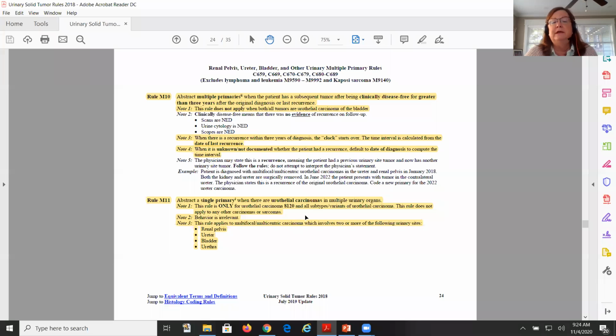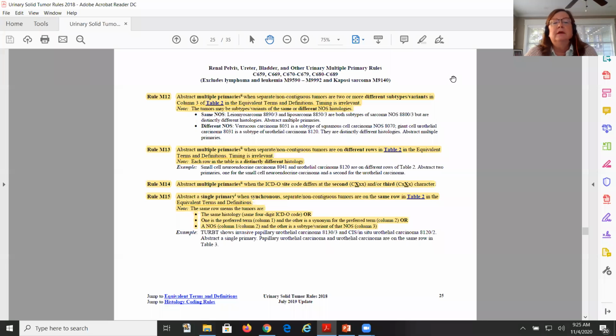So this would be inclusive of your 8130s because those are subtypes of urothelial carcinoma. Behavior is irrelevant. This rule applies to multifocal, multicentric carcinoma, which involves 2 or more of the following urinary sites: renal pelvis, ureter, bladder, and urethra.